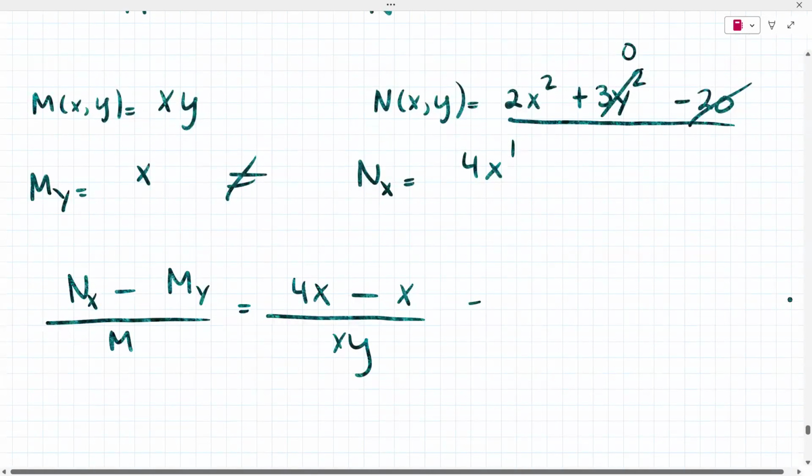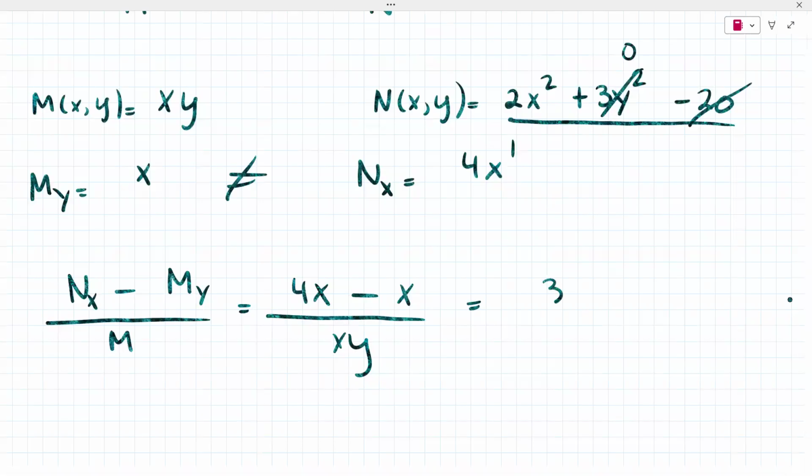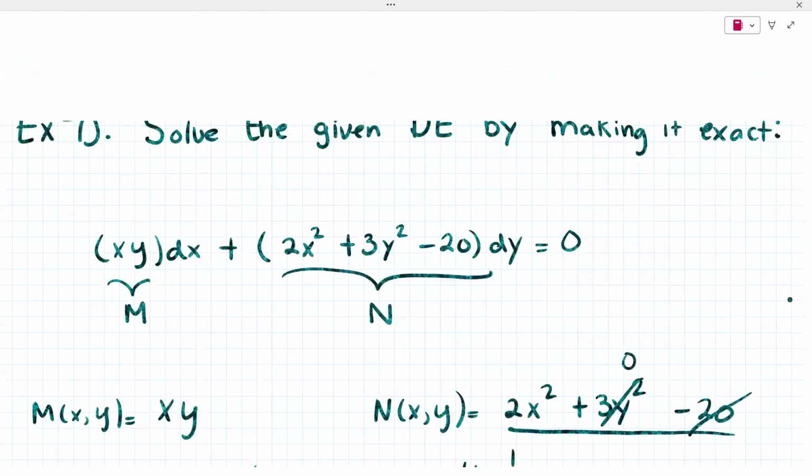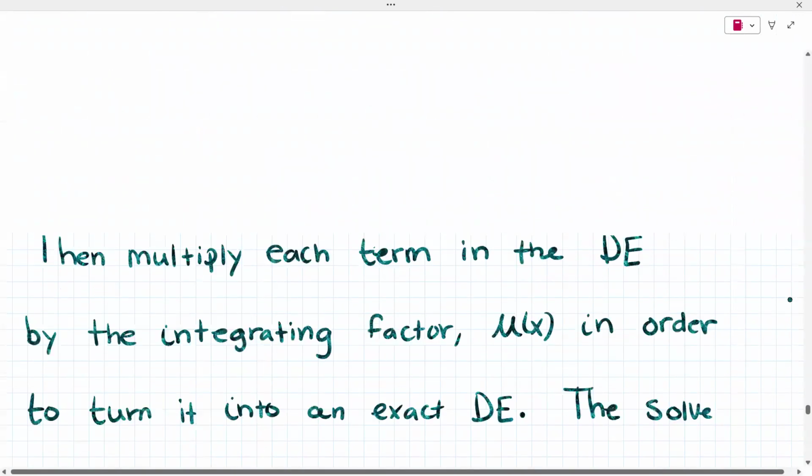If you clean this up, 4x minus x is 3x, and on the bottom it's xy, and as you can see the x cancels, so you're left with 3 over y.